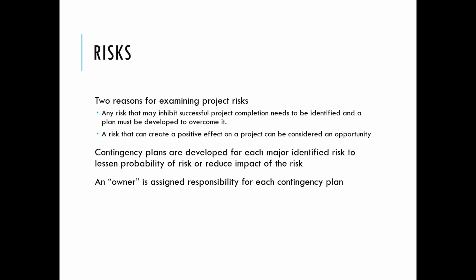Any risk that may inhibit successful project completion needs to be identified and a plan must be developed to overcome it. A risk that can create a positive effect on a project can be considered an opportunity. Contingency plans are developed for each major identified risk to lessen the probability of the risk or to reduce the impact of the risk. An owner is assigned responsibility for each contingency plan.